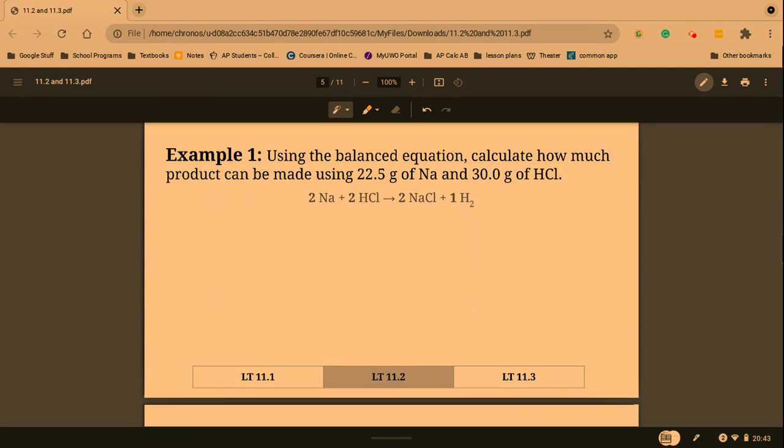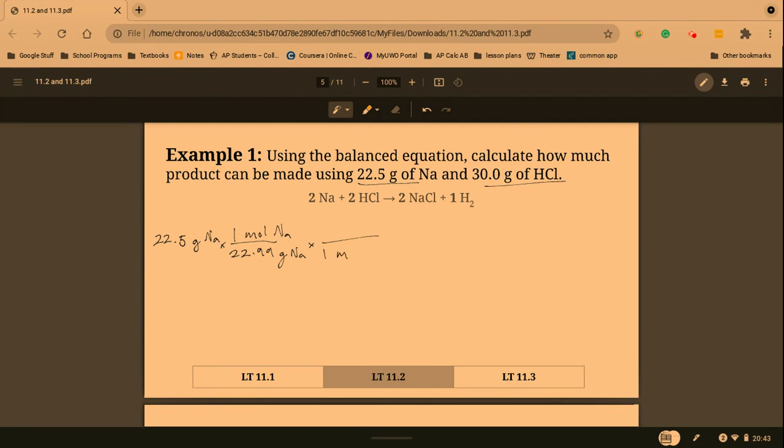And so now, if we use this with chemistry as opposed to sandwiches, you're going to have to calculate essentially what the yield would be with either of these starting products. So let's start with Na. It gives us 22.5 grams. And then match it up with 1 mole. According to the periodic table, there's 22.99 grams.